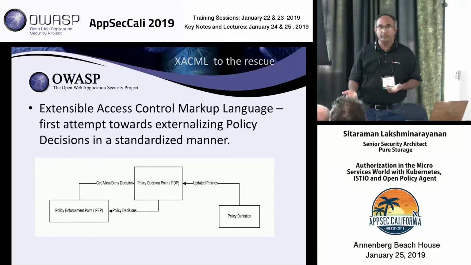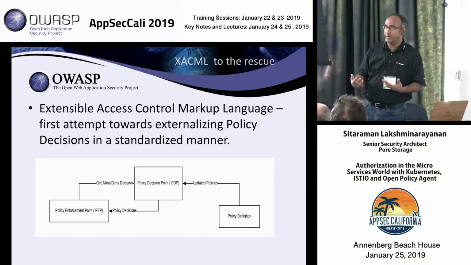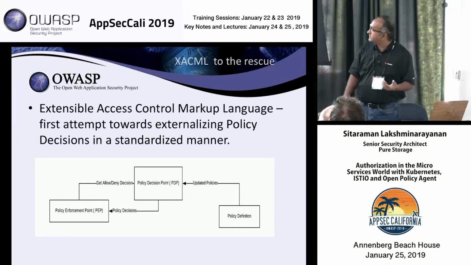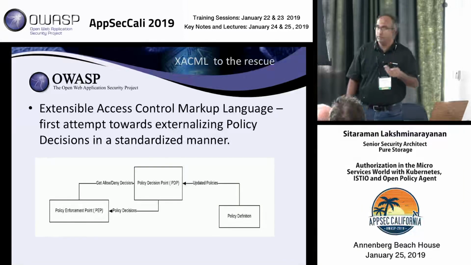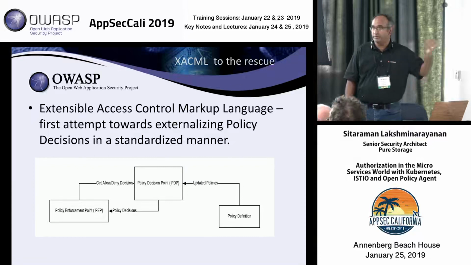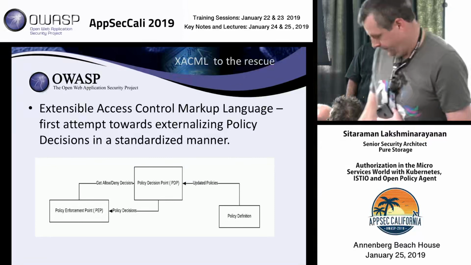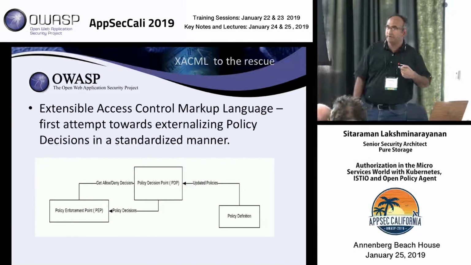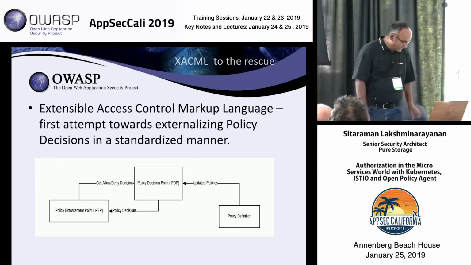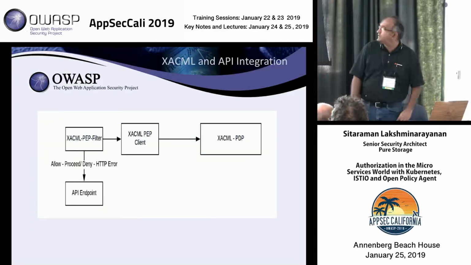It will query your database to find out whether the user belongs to the role, their attributes, and other information. The policy enforcement point is the one very close to your code. Remember the HTTP filters we talked about. Think of it as a library that makes a call to an external API to say, here is the input, can you tell me if this request is allowed or not?